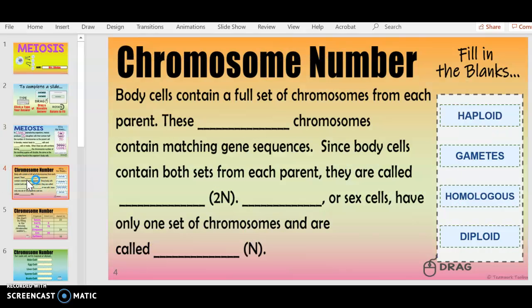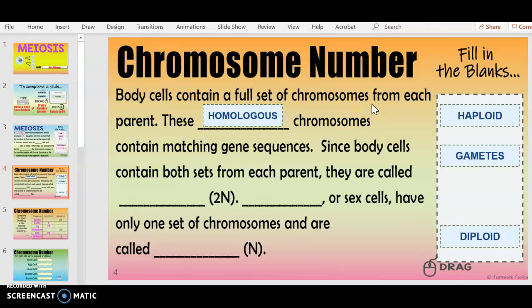All right, if we look at the next one, the body cells contain the full set of chromosomes from each parent. These blank chromosomes contain matching gene sequences. So these are chromosomes that are the same size, same shape, and same traits, right? So they are called homologous, because remember, homo means the same.